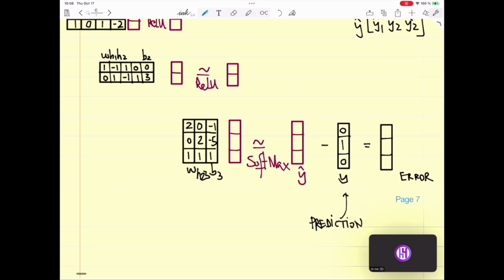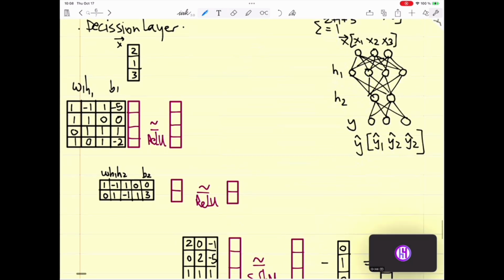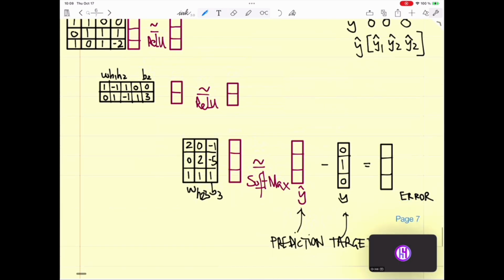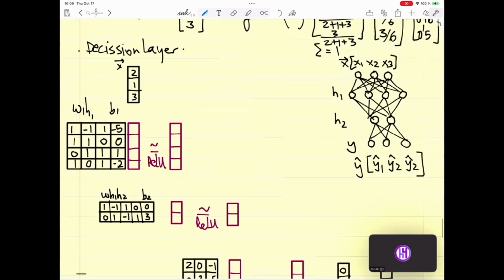Excuse me, this is wrong. This is not the prediction, this is the target. So we think it's going to be a 0, 1, 0 vector, and this is the prediction. We want the prediction to be close to the target, of course. So this is the setting that you would get in the exam, okay?